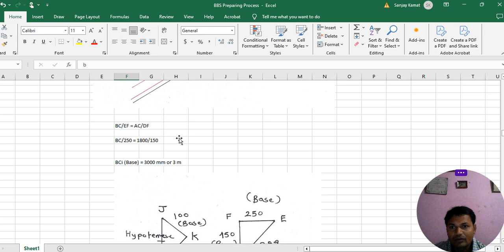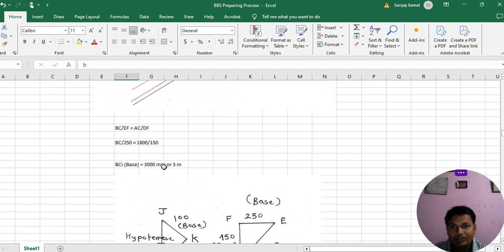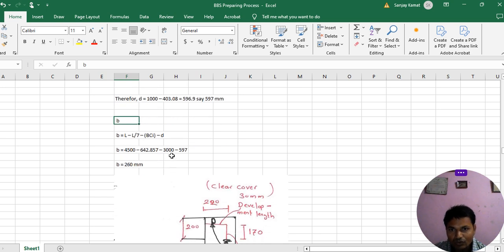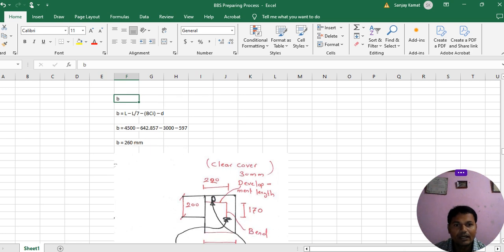BCI is 3000 base. And minus D, which we just calculated, is 597. Once we know all the values, you can easily calculate it. Use the calculator.